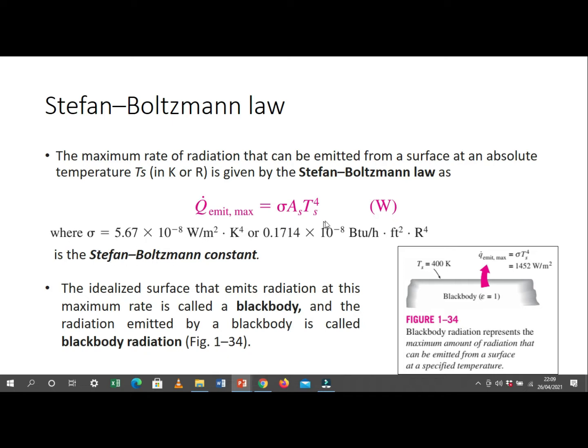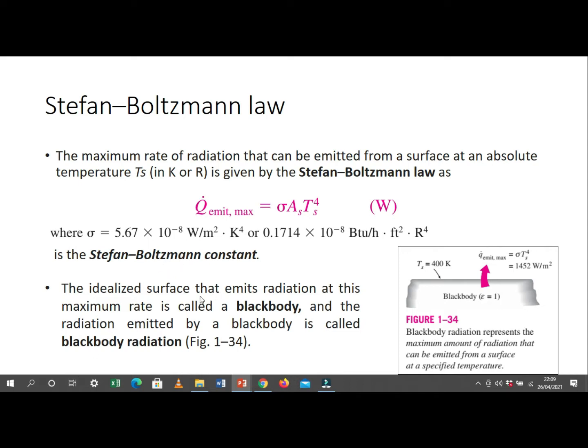The rate of heat transfer is also directly proportional to the surface area. So the maximum rate of radiation that can be emitted from a surface at an absolute temperature Ts, represented in Kelvin or Rankine scale, is given by the Stefan-Boltzmann law.